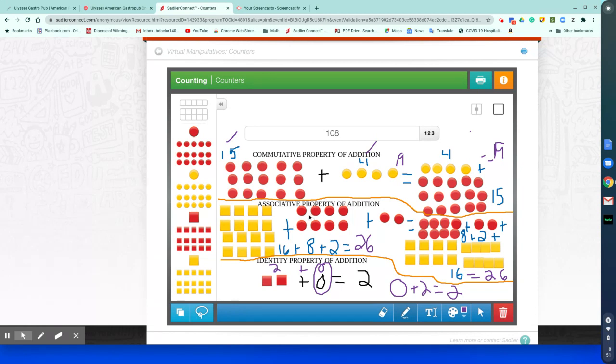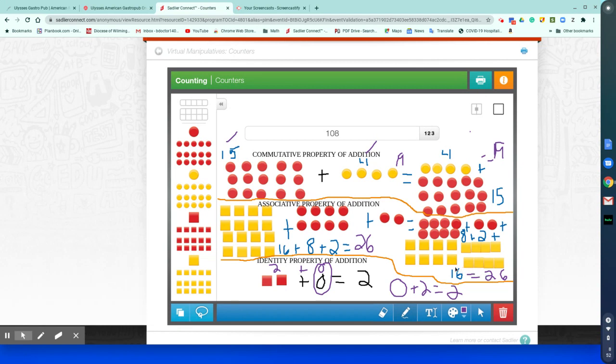We have 8 red counters and then 2 other red counters. So if we went 16 plus 8 plus 2, that would give us our sum of 26. If we were to regroup some of these numbers and put them in a different order, we still get the same sum of 26.